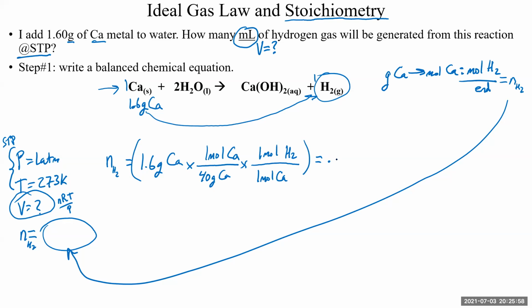So 1.6 divided by 40 is 0.04 moles of hydrogen gas. I told you N would never equal 1 mole again. In any example or any exam question or any question I give you, N will never ever again equal 1. So N equals 0.04.